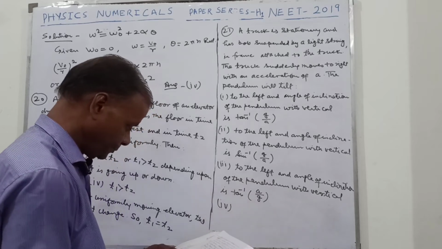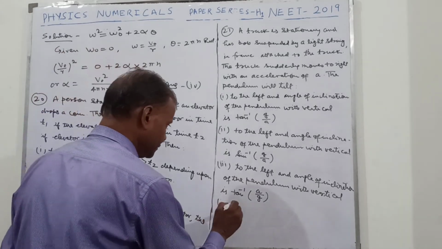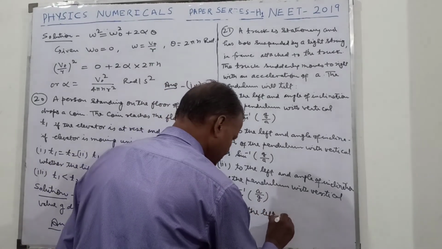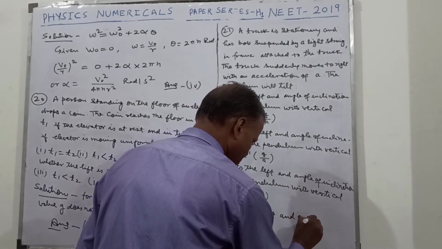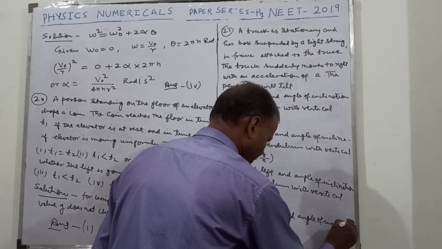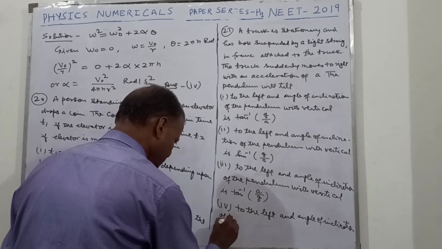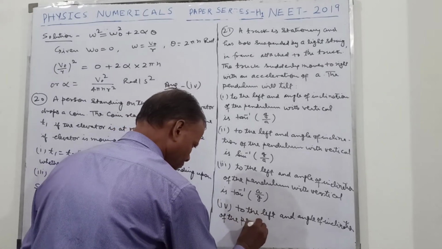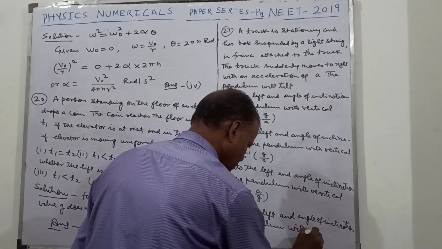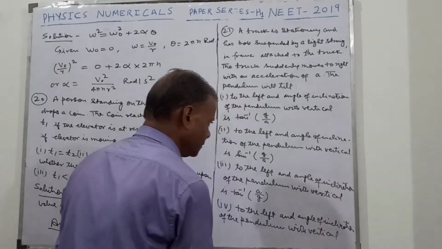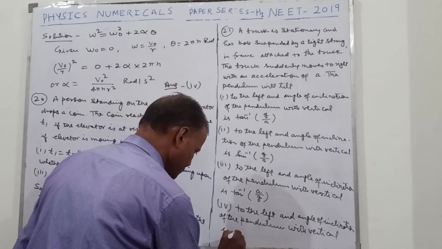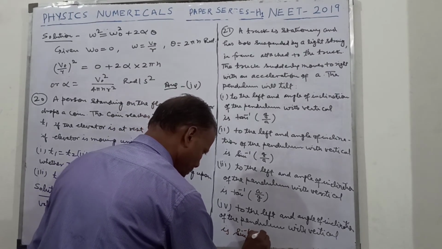Fourth, to the left and the angle of inclination of the pendulum with vertical is sine inverse a upon g.